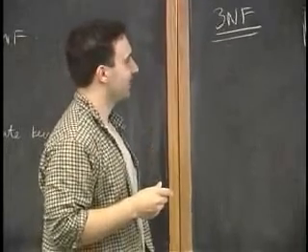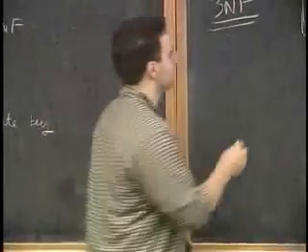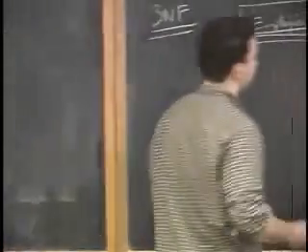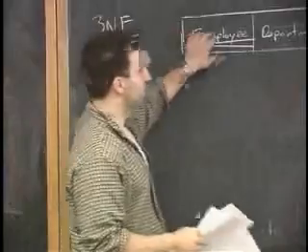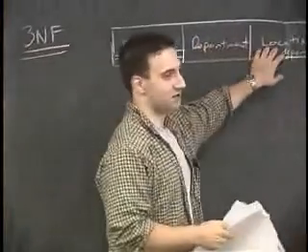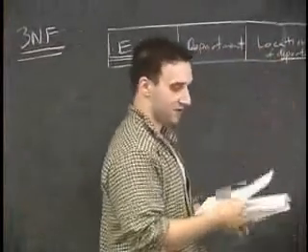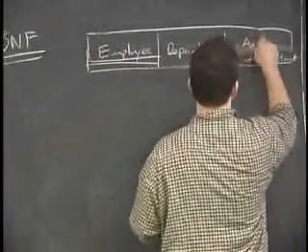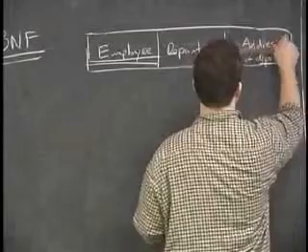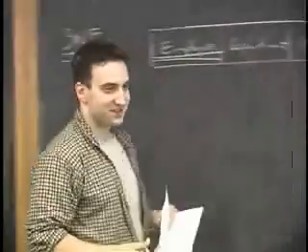No. Why? Employee is the key here. So I have a little employee table, and in my table I say, for every employee, what department the employee works in, and the address of the department.